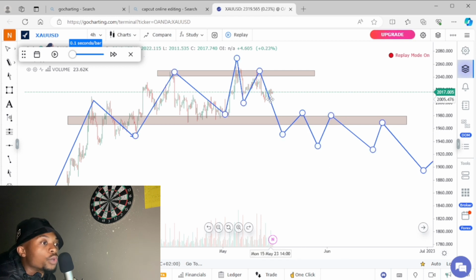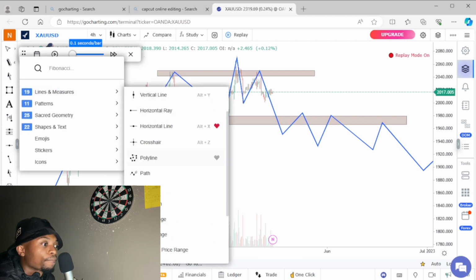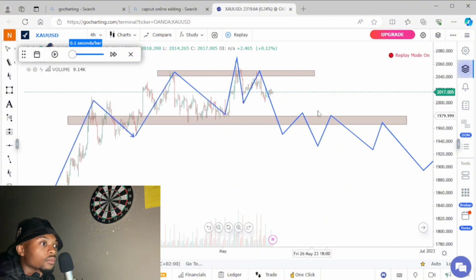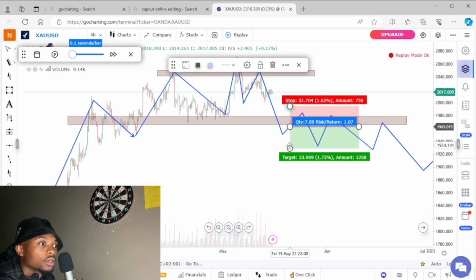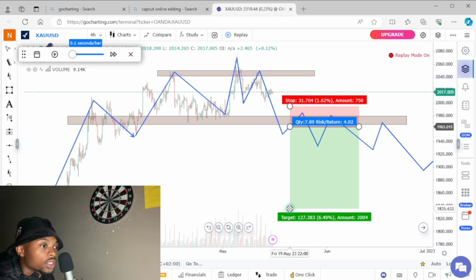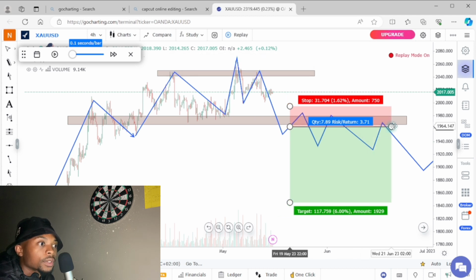That's what we'd wait for. So knowing that, we'd go ahead and set up our short position.